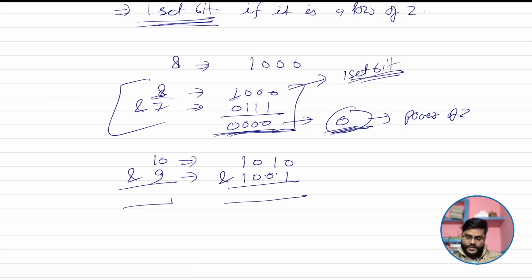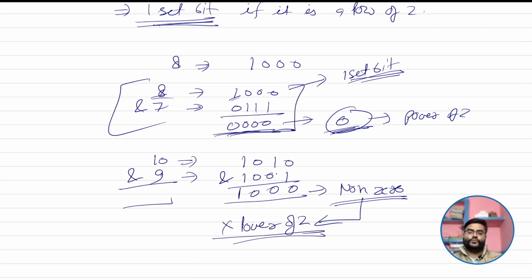If you do AND of these, this will be 1, 0, 0, 0, so it will be a non-zero number. And if it is non-zero, it means that it is not a power of 2.